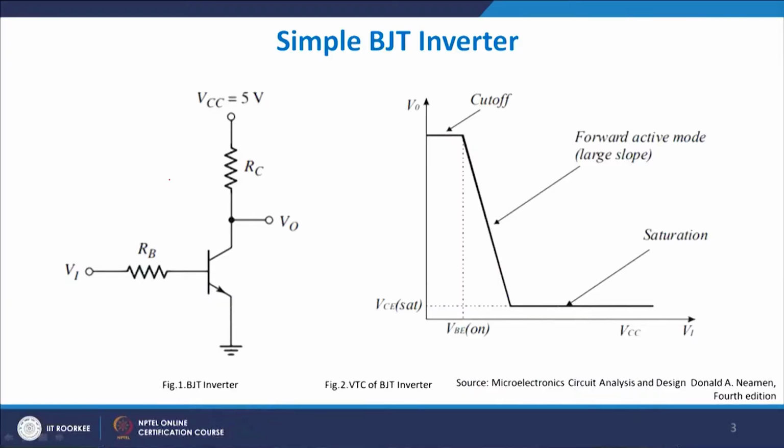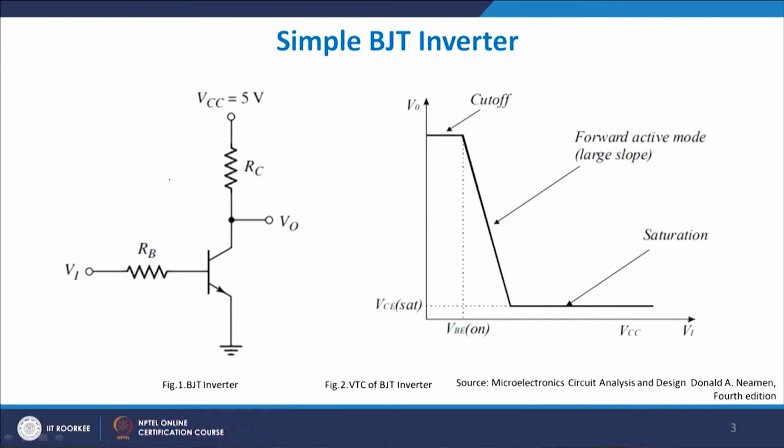That will take care of approximately the major understanding portion of BJT, and knowing this you can approach BJT from an analog point of view when you use it as an amplifier, and you can also approach it from a digital point of view when you use it as an inverter. That is the logic for having the bipolar transistor as the first part of this new lecture series on NPTEL. With the knowledge we have gained now, let me show you a simple BJT inverter.